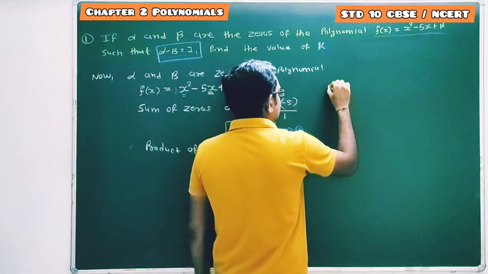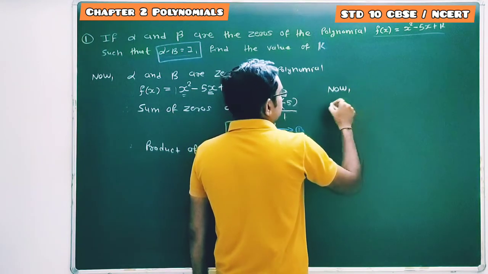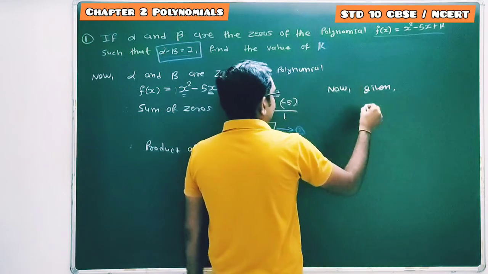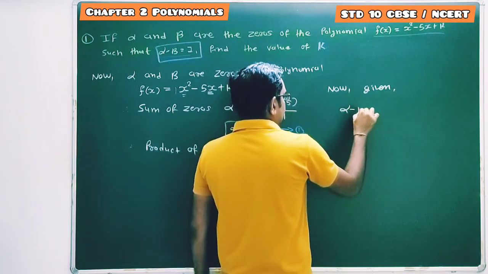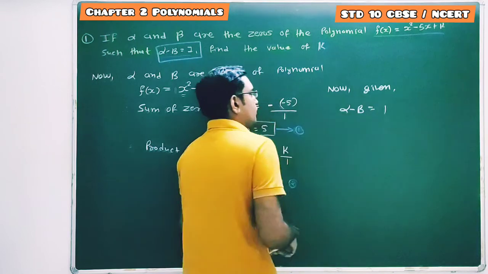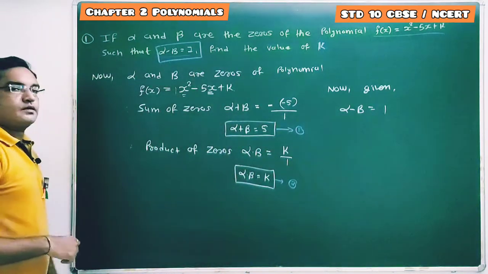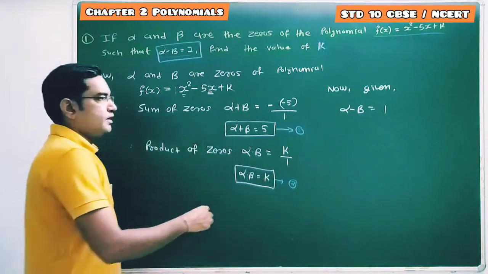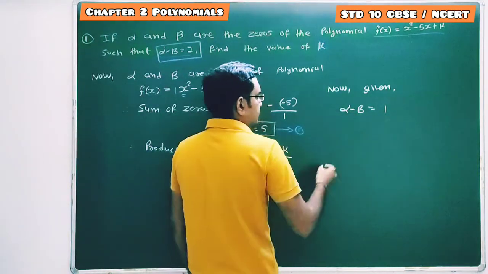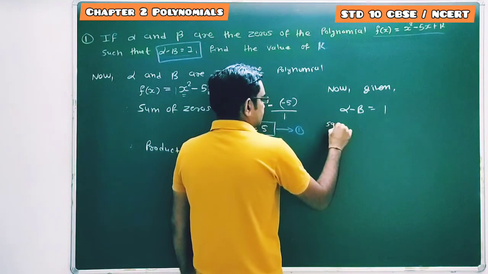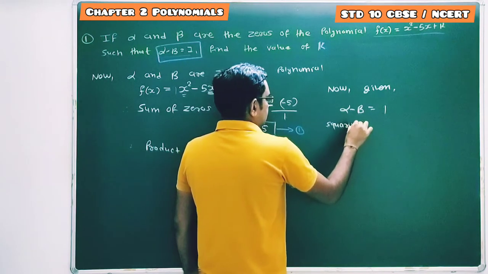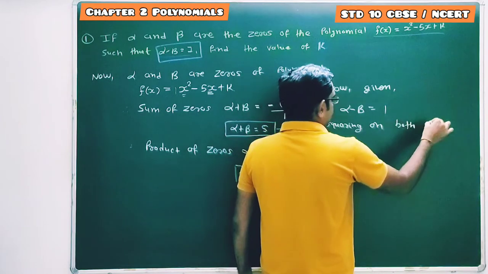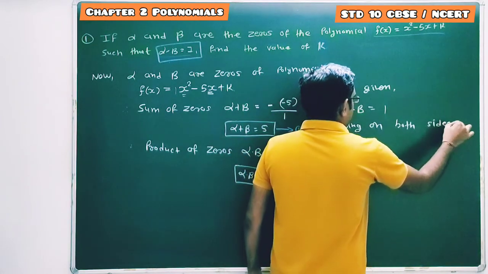So now let's start with what is given. Alpha minus beta equal to 1. This is given. Now we have to use these two results, and for that we are squaring on both sides. Squaring on both sides, we will square both sides.